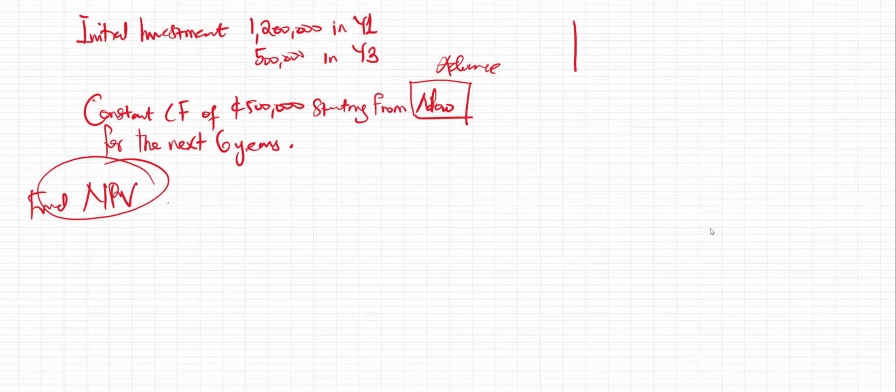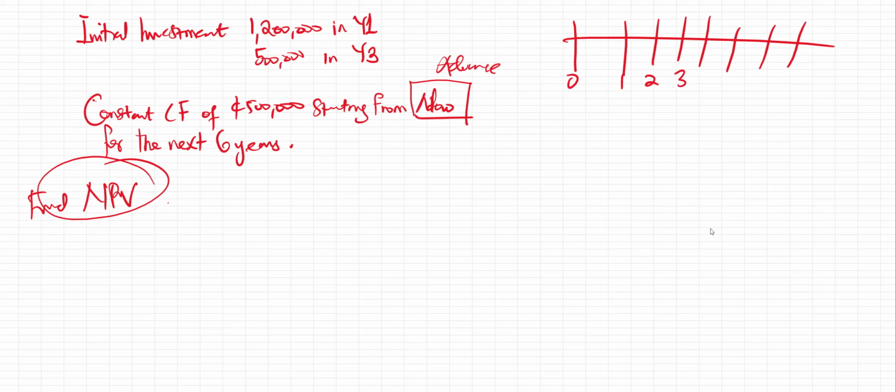If you feel confused, build the timeline. 0, 1, 2, 3, 4, 5. This is 6 years, but starting from now: 500, 500, 500, 500, 500, and 500. 6 payments.